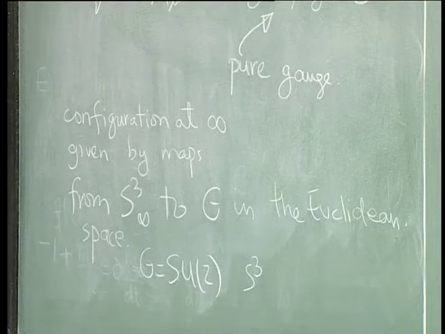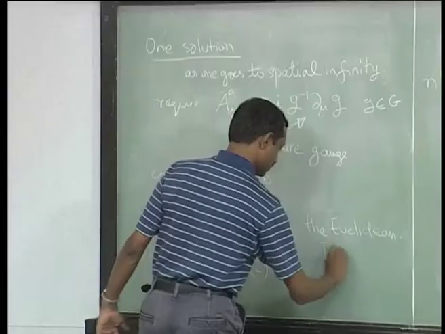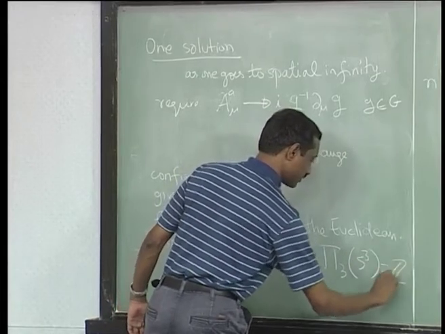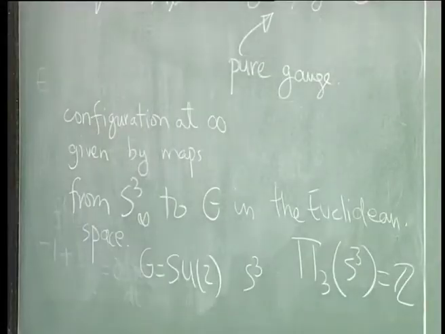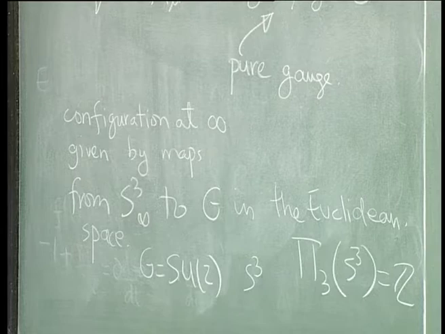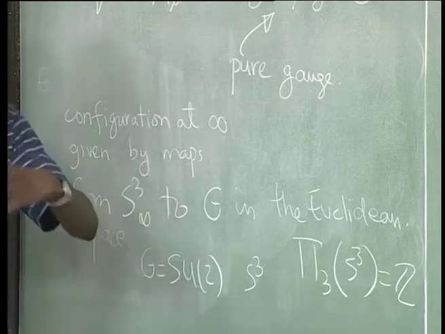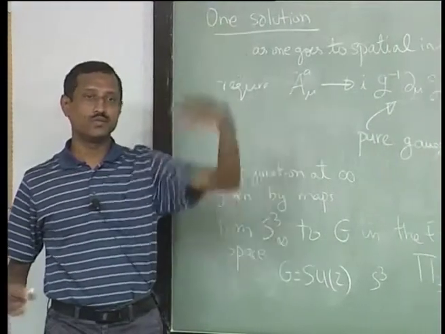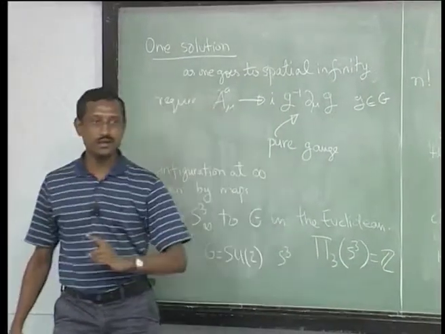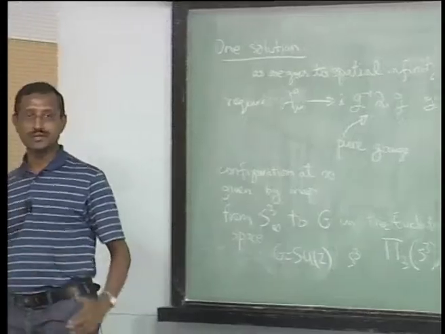And we know that pi 3 of S3 is an integer, there is an integer worth of these maps. So, there will be some object which is quantized, and there will be no smooth way of going from one sector to another; if you find something with this integer being 1, it cannot go to a 0 sector.